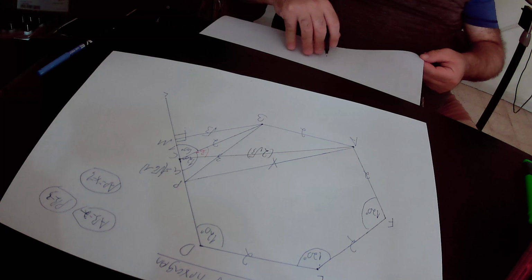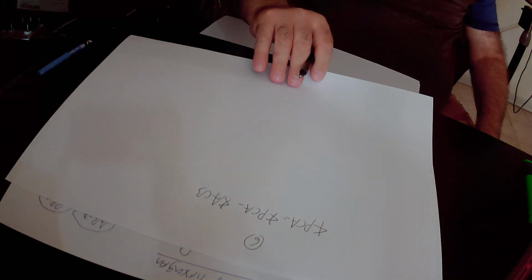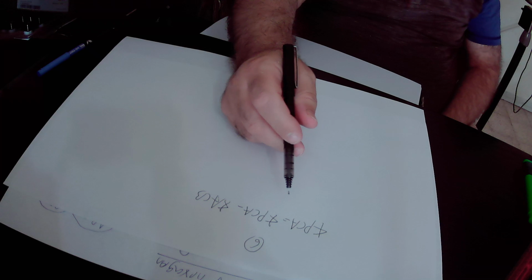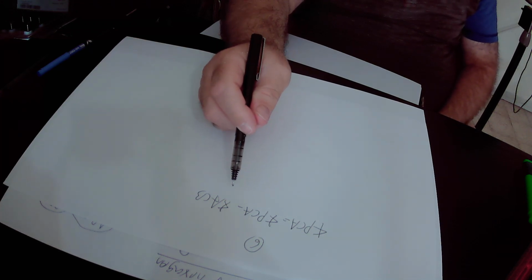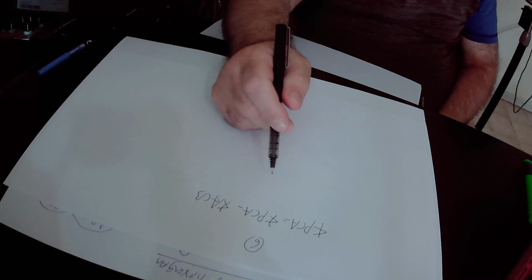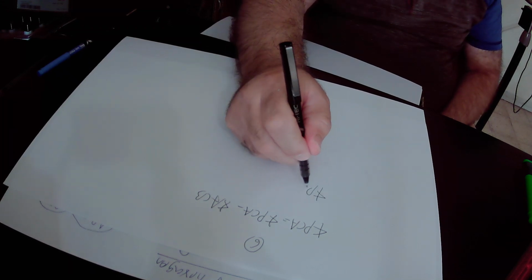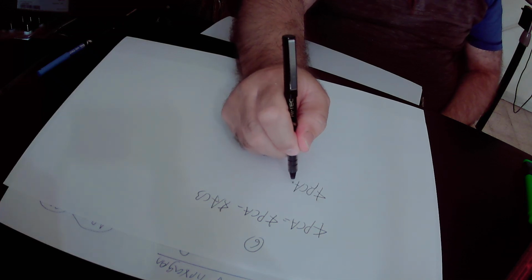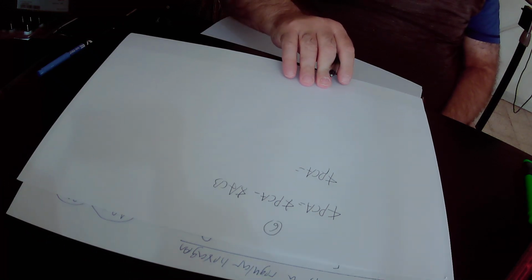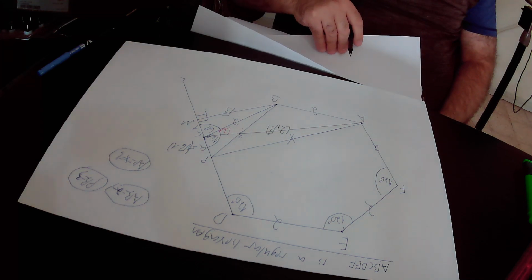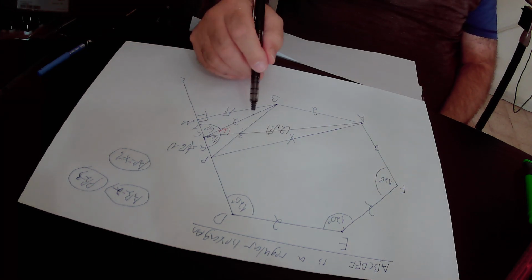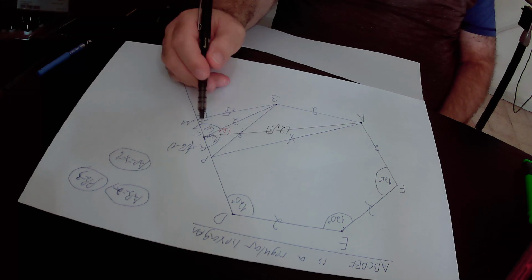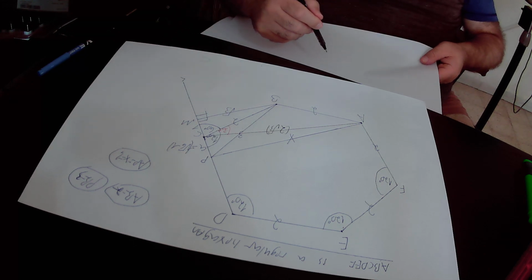And again, from the drawing it is very easy to see that the size of the missing angle PCA equals the size of the big angle, that is angle PCB, minus the size of the small angle, that is angle ACB. Here, this is the big angle PCB, that is equal to 120 degrees.